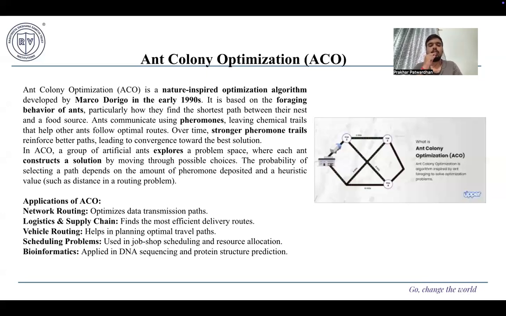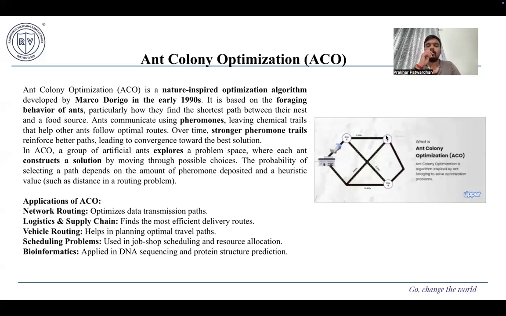The applications of ACO are network routing, which optimizes data transmission paths; logistics and supply chain, which finds the most efficient delivery routes; urban vehicle routing, which helps in planning optimal travel paths; fourth, scheduling problems, such as job shop scheduling and resource allocation; and the fifth and last one is bioinformatics, applied in DNA sequencing and protein structure prediction.